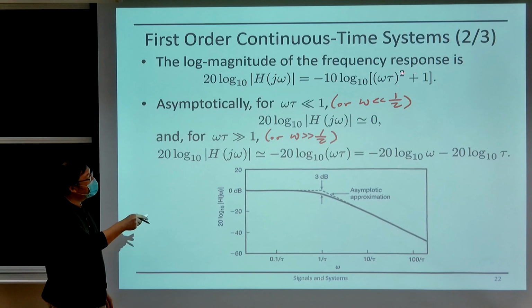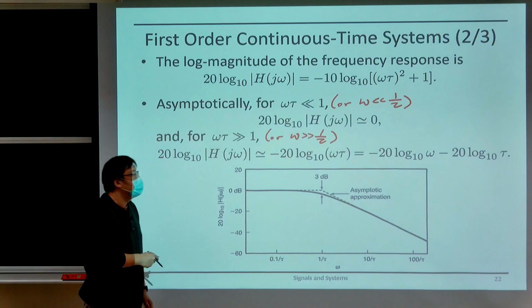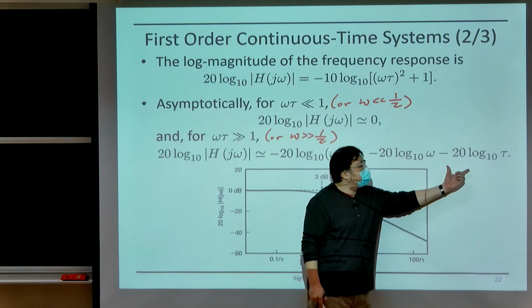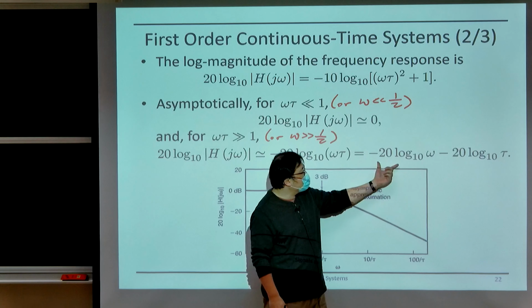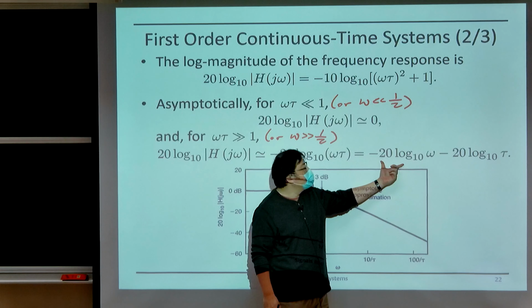So I can bring a 2 outside, which gives me minus 20 log omega tau, or I can split this into 2 terms: minus 20 log 10 omega minus 20 log 10 tau. Tau is just a constant, so what really scales with the frequency is this term here.